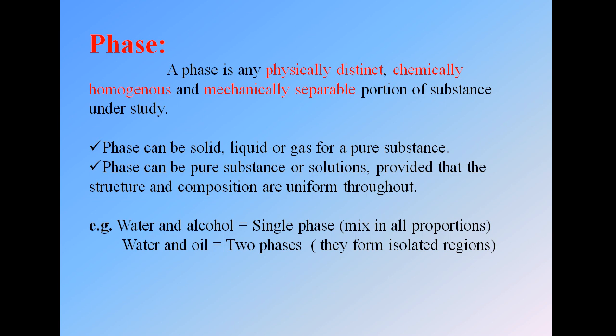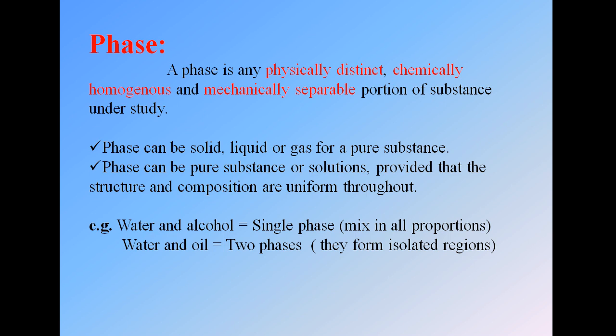In the same way, mechanically separable means we can separate solid from liquid, solid from gas, and liquid from gas. So all three phases are mechanically separable. Are you getting it or not? A phase is something which is physically distinct, chemically homogeneous in its respective phase, and we can separate all three phases from each other by a mechanical way.